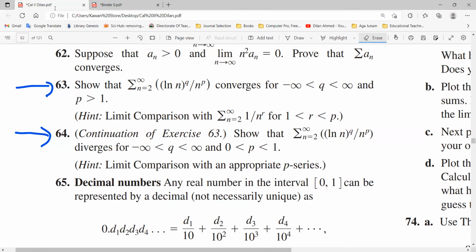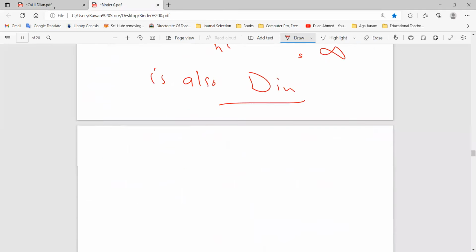Okay, so what's the difference between 63 and 64? Exactly. We're close to get the point.